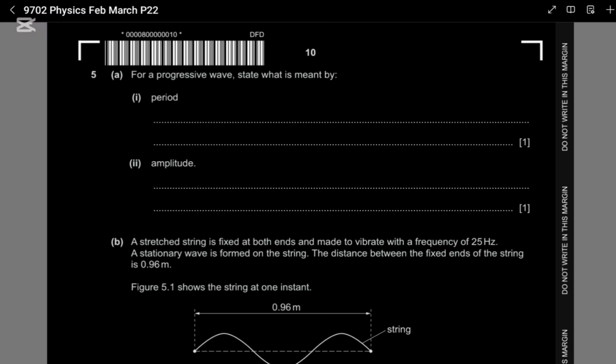Question number 5. For a progressive wave, state what is meant by period and amplitude.